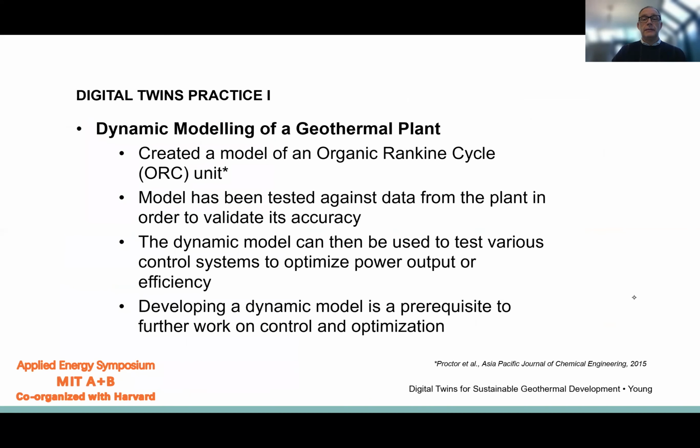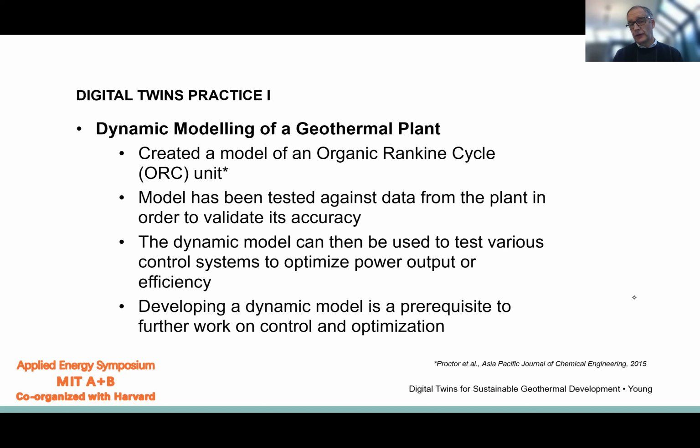So first up, you must create a dynamic, or digital model, it doesn't have to be dynamic, it could be steady state, but a digital model of the process. In this case, we were modeling a real organic Rankine cycle plant in New Zealand, where we're using the organic Rankine cycle to assist us with power generation from a geothermal field.